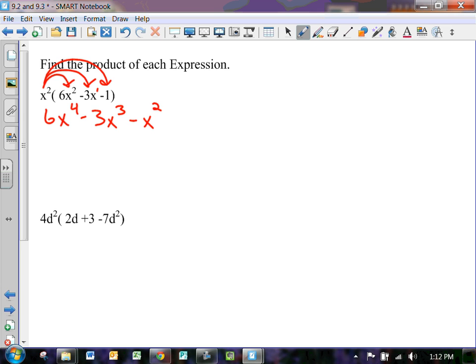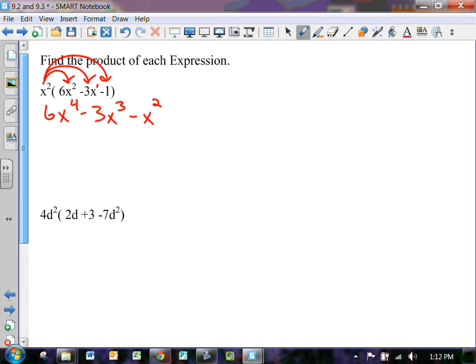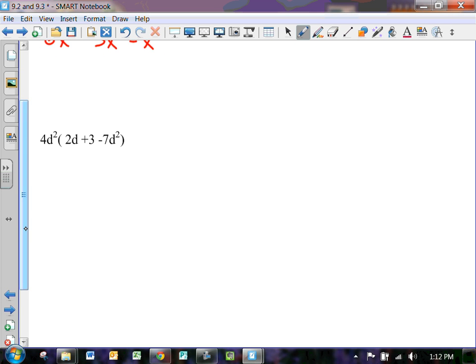All right, so look at the next one. We've got 4d squared times 2d plus 3 minus 7d squared. So we'll start out looking at our process. We're doing 4d squared times 2d. We multiply the numbers together, so that gives us an 8. And d squared times d ends up being d to the third, because again, you're adding that imaginary 1.